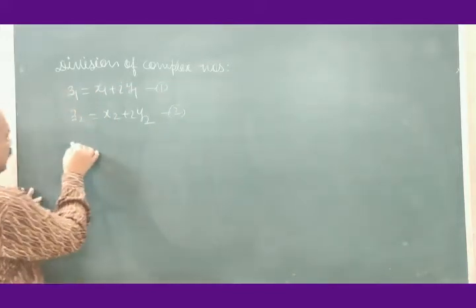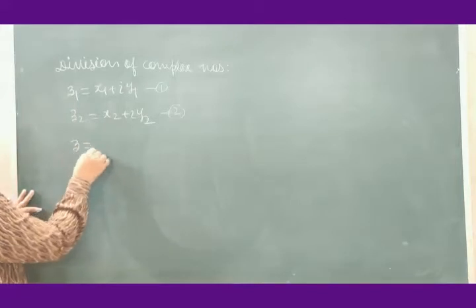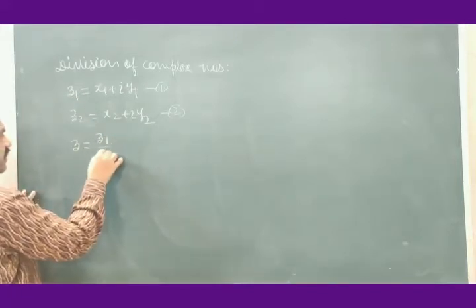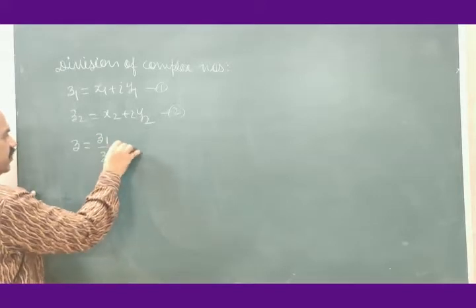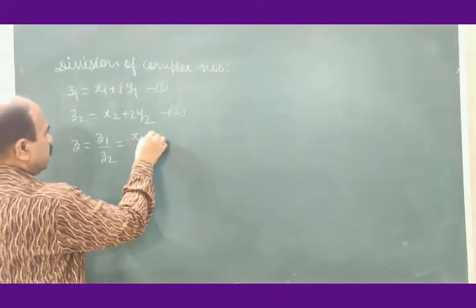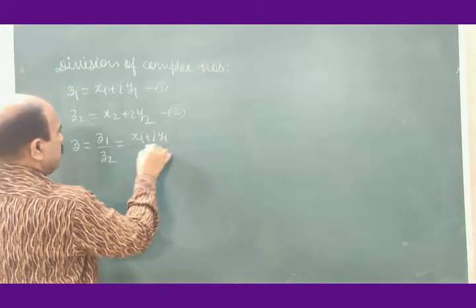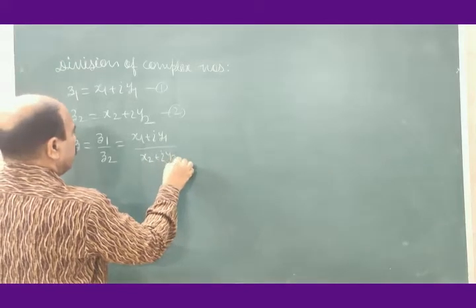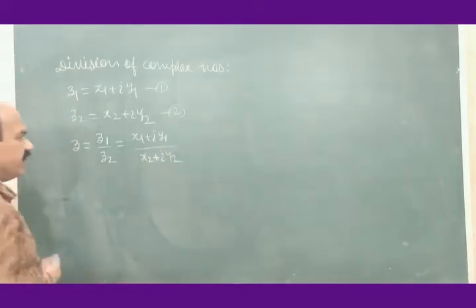Let us suppose Z is the quotient of these two complex numbers, that is Z1 divided by Z2. This is equal to x1 plus iy1 divided by x2 plus iy2.